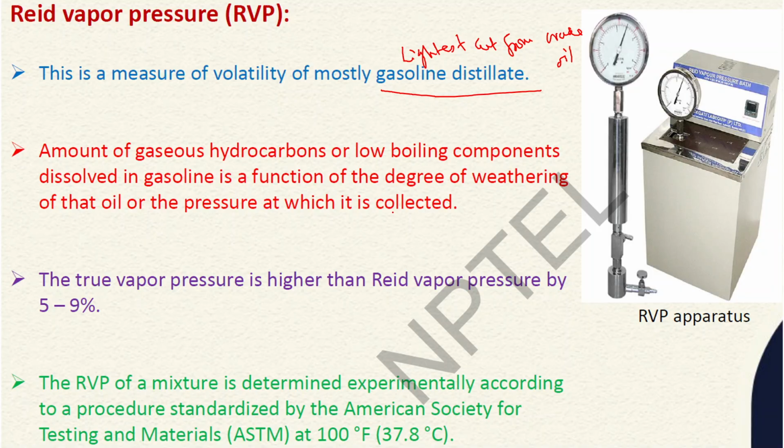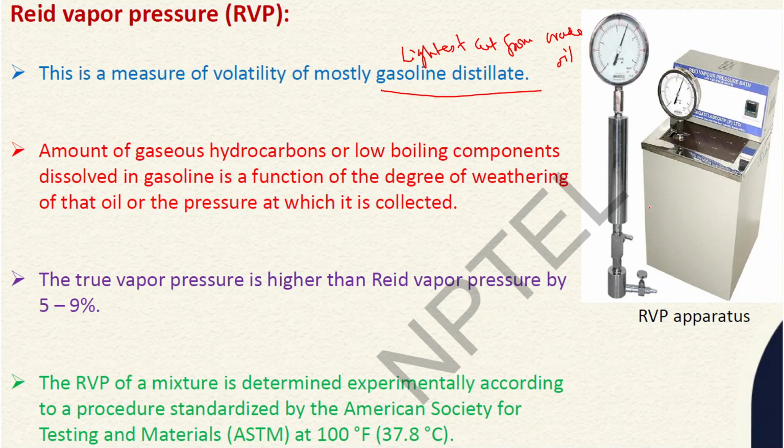So we remove these lighter cuts to further purify and enhance our gasoline. Sometimes, as we saw in the previous classes, steam stripping is done to remove these lighter cuts.